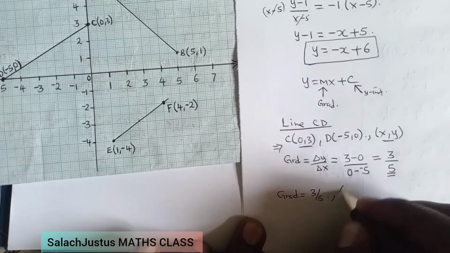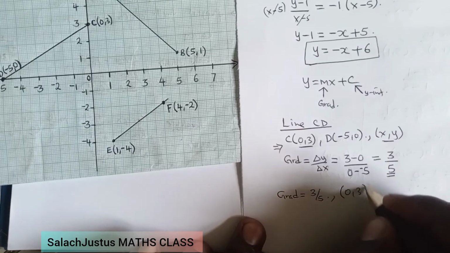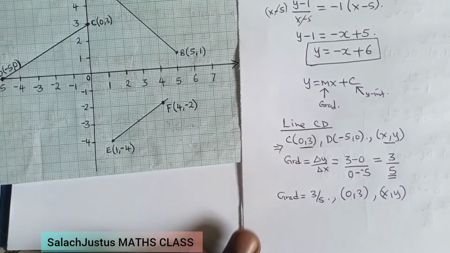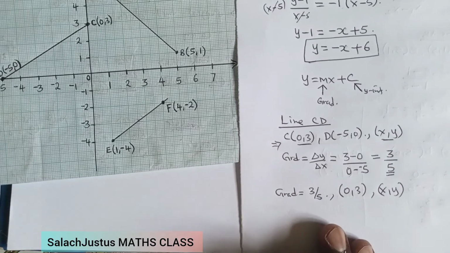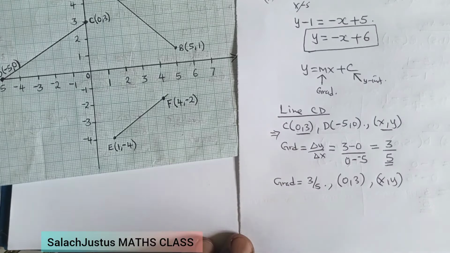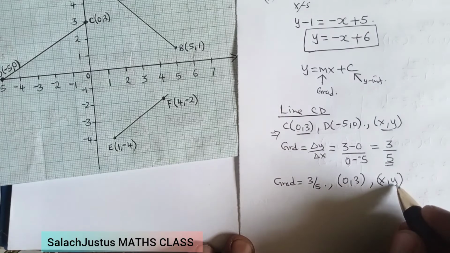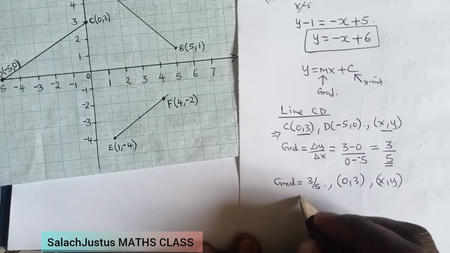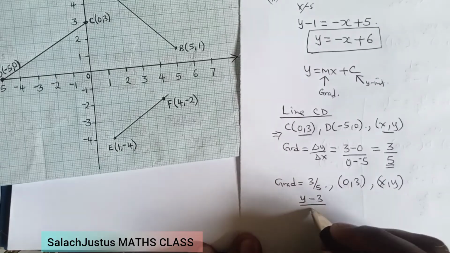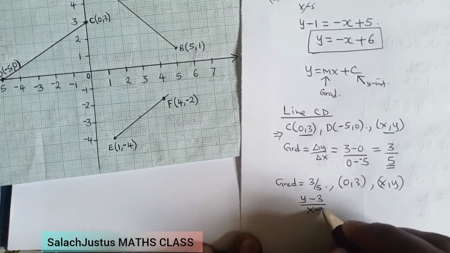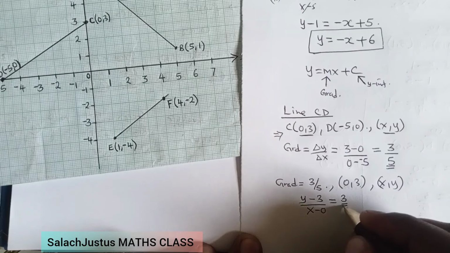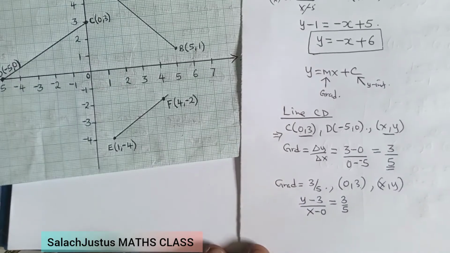So let's calculate the equation of the line by first finding the gradient using the points 0, 3 and x, y and equate it to our known gradient. So I shall say change in y, y minus 3, over x minus 0, and equate it to the known gradient 3 over 5.